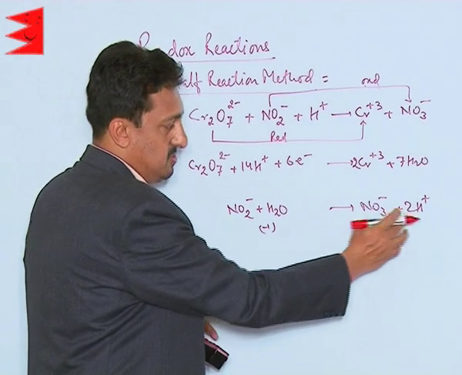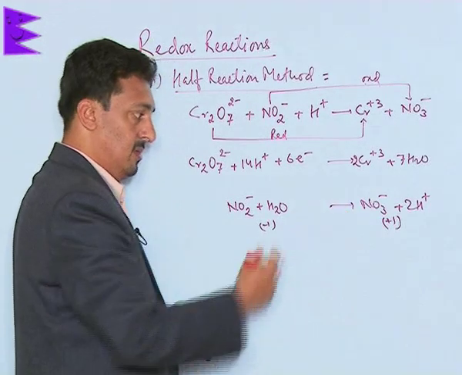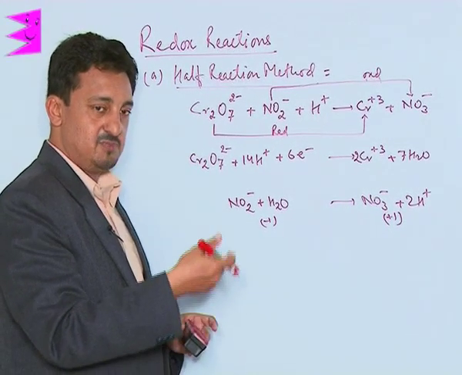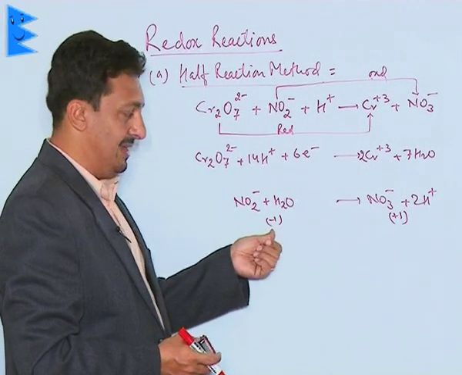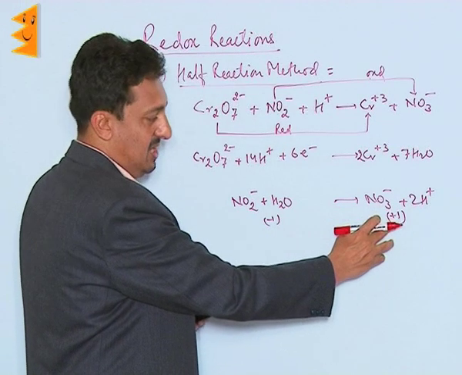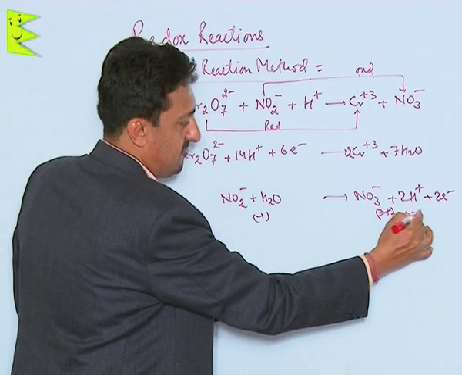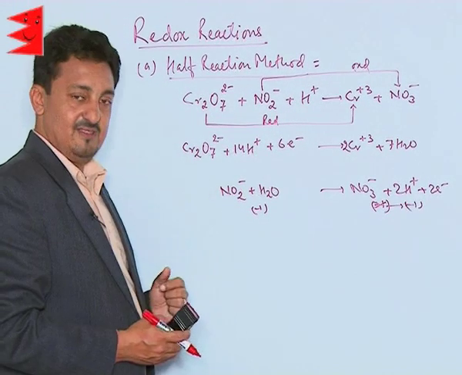This side minus 1 and plus 2 makes it plus 1. So how to balance the charges? I told you we can add electron only to the side which is positive, so that we can reduce the positive charge. It is already minus 1, plus 1 is the net charge here. We'll put 2 electrons here so that it changes to minus 1. So charges also get balanced.